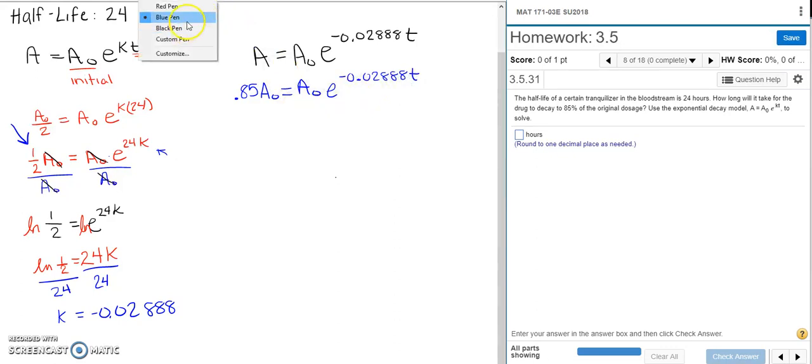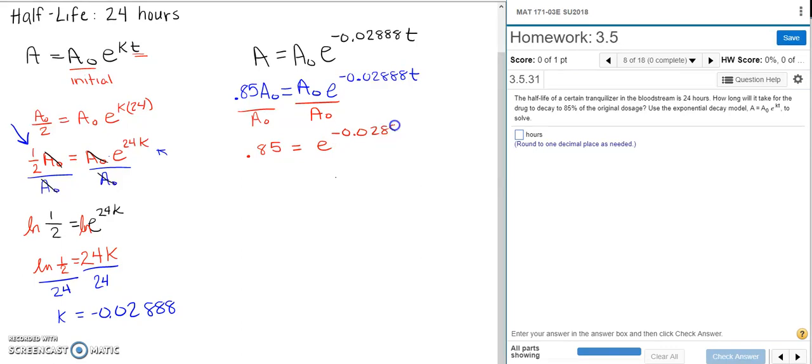Okay, so I'm going to do the same things I did. I'm going to divide by that A0. So I have 0.85 equals e to this long decimal, and then t. Same as before, since it's base e, I'm going to take the natural log of both sides.